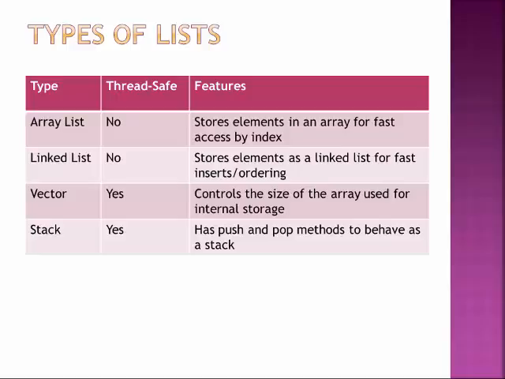Vectors and stacks are for very specific purposes. They're very infrequently used by you as a coder. The idea of a vector is it's really the original linked list, or array list, inside of there. It was built very early on in Java and essentially has been thrown away because you'll use an array list or a linked list instead. But it has a way of internally controlling the size and dealing with things at a basic level.